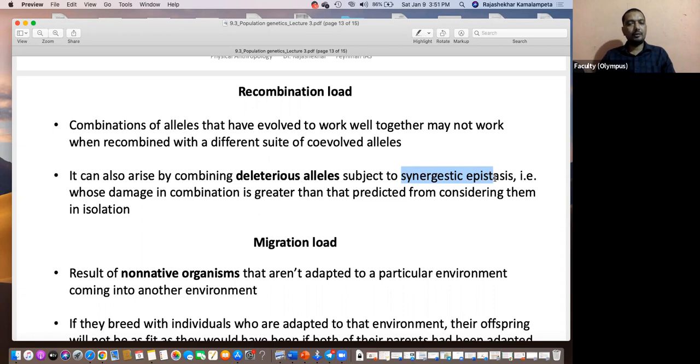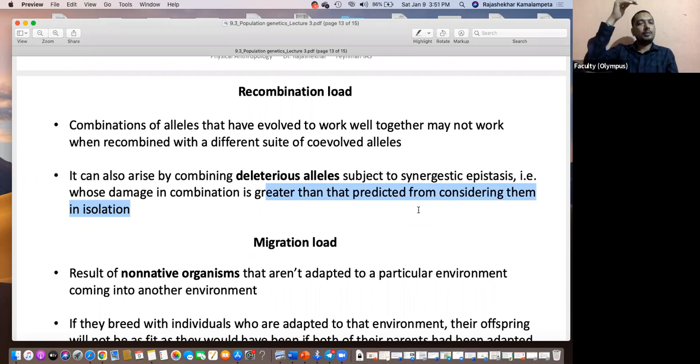So sometimes deleterious alleles, when put into a combination, produce an effect greater than predicted from considering them in isolation. Those alleles in a previous generation were not causing harm in that combination. But in a new combination, when they came together with the genes from another individual, they are now causing a problem. And this is all happening because of the recombination process.